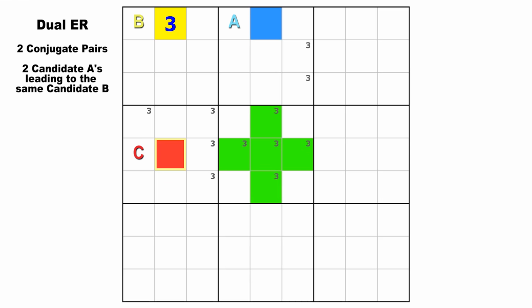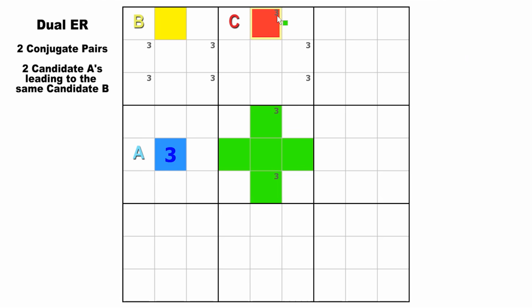All right, now let's go back. And this time we'll call the candidate 3 in row 5, column 2 our candidate A. All right? So if that candidate 3 is true, that negates all the other 3's in row 5, leaving a set of locked candidates in column 5, which would mean this 3 up here in row 1, column 5 would be false.